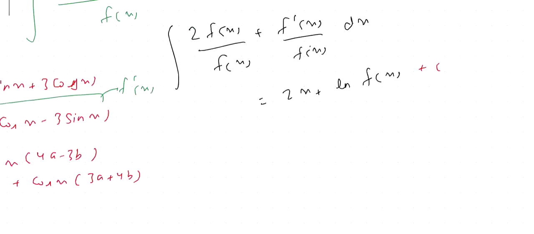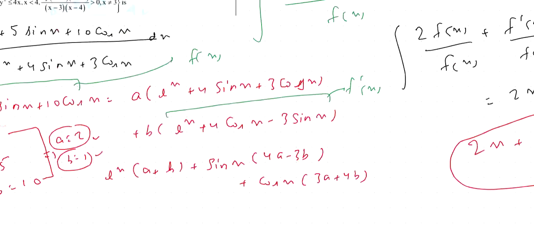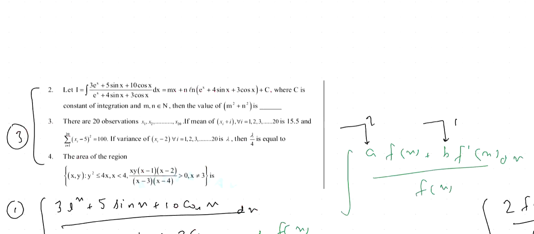So we write 2x + ln(e^x + 4 sin x + 3 cos x). So we got m = 2 and n = 1, so m squared plus n squared is 5. Okay, this problem is done.